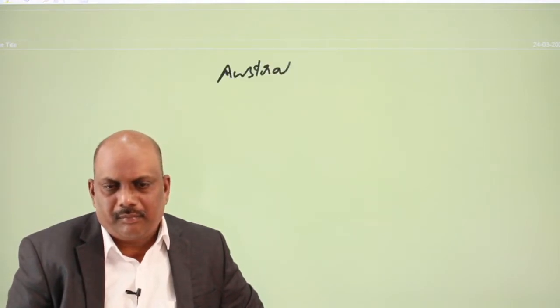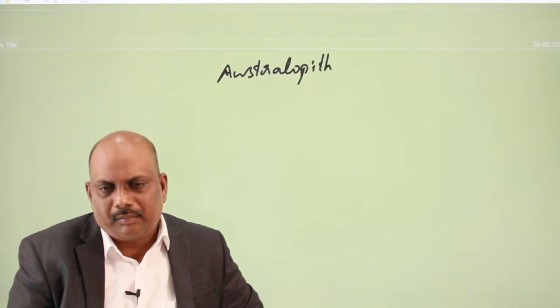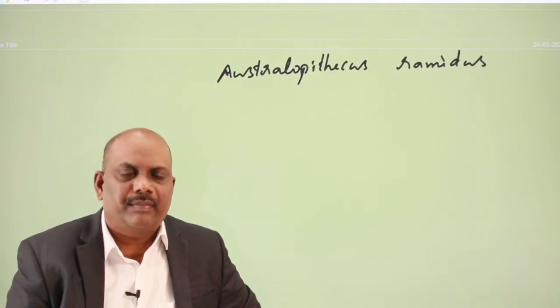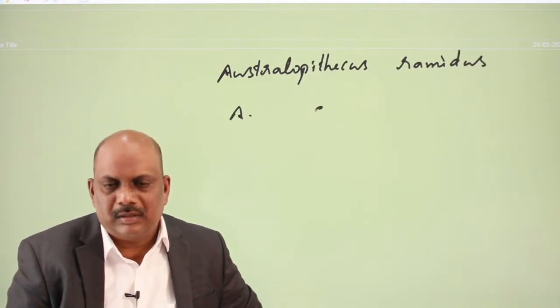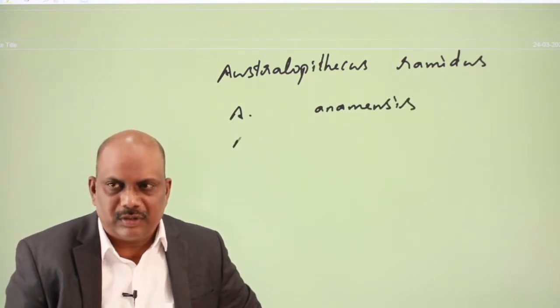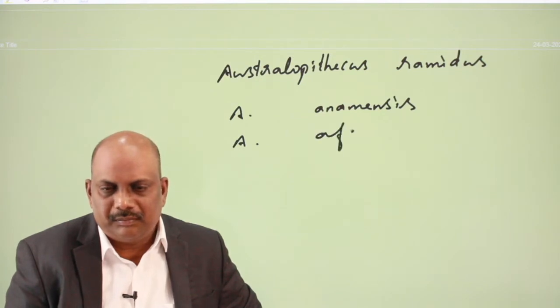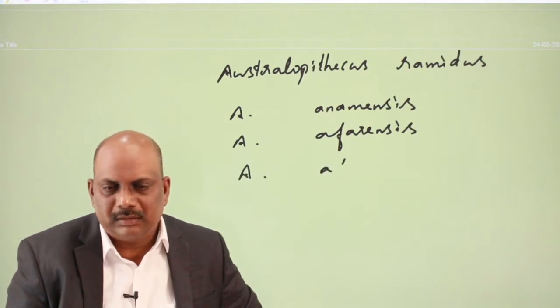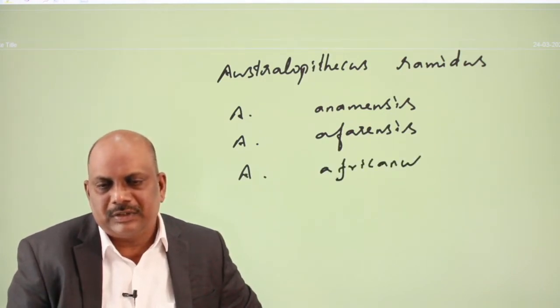We have Australopithecus ramidus, Australopithecus anamensis, then Australopithecus afarensis, then Australopithecus africanus.